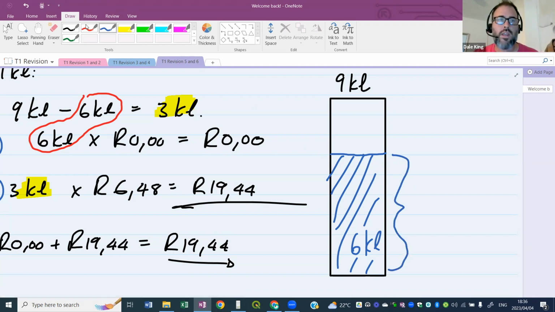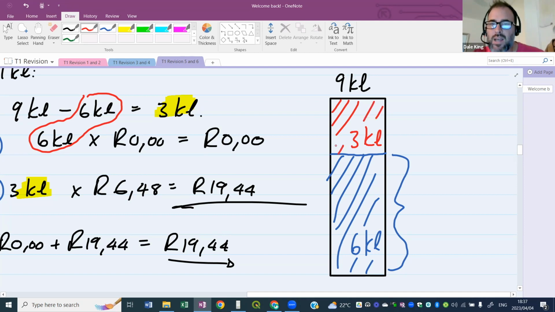They don't charge you for that. The other water is not free. You're going to have to pay for that. How much is that? Well, that must be 3 kiloliters because the 6 plus the 3 must make 9. So this bit here, which is left over after you take away your free water of 6 kiloliters, the 3 kiloliters, must be charged. And it's charged per kiloliter.